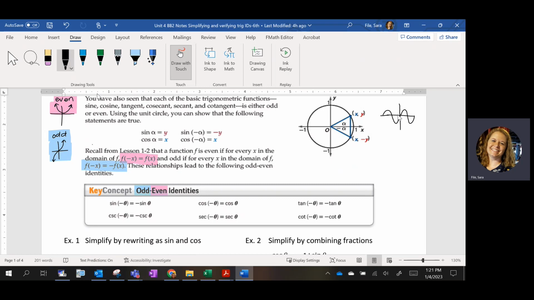If I fold it on the y-axis, it doesn't match up. But if I rotate it 180 degrees, is it symmetric? If I rotated this 180 degrees, would it look exactly the same? Yes, it would. So that means this is an odd function.